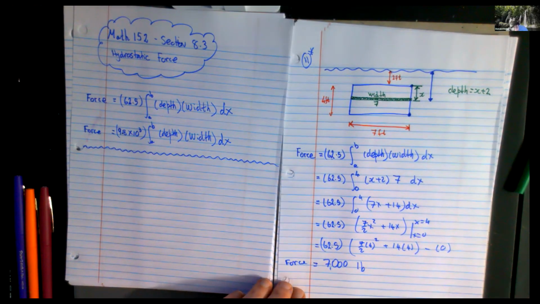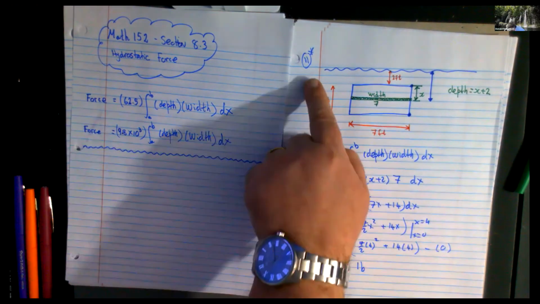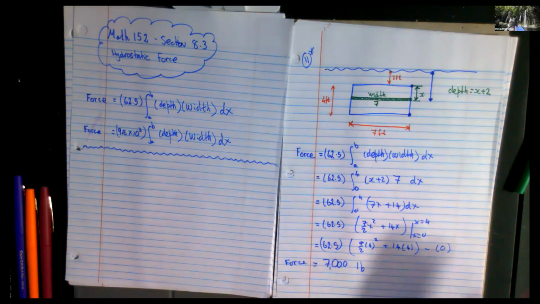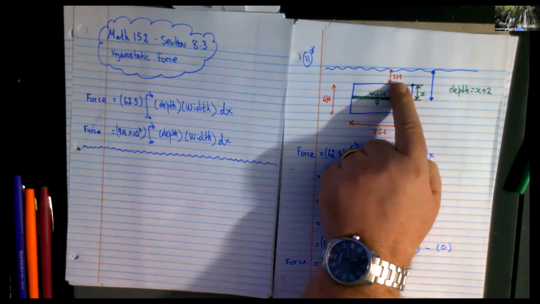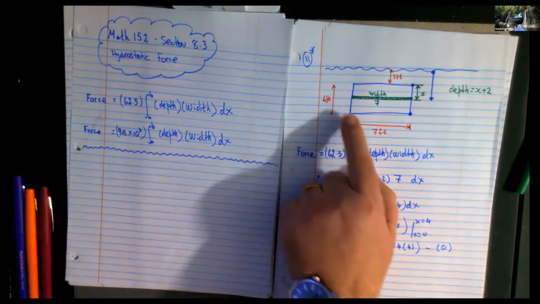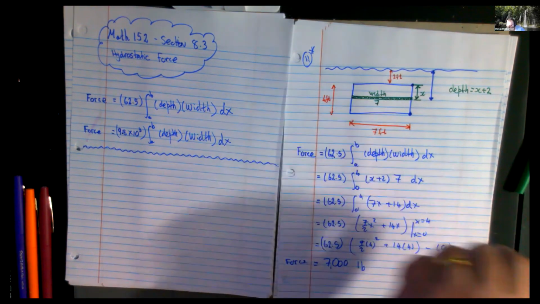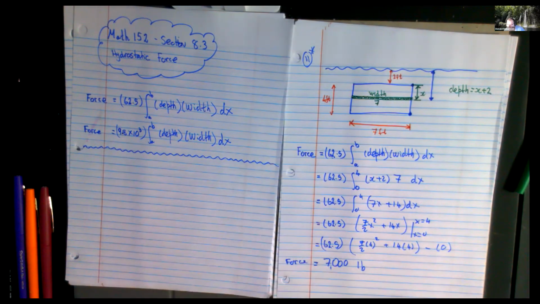Before I move on, can you pretend this question was exactly the same with one change? 2 meters, 4 meters, 7 meters, so the units were meters and not feet.